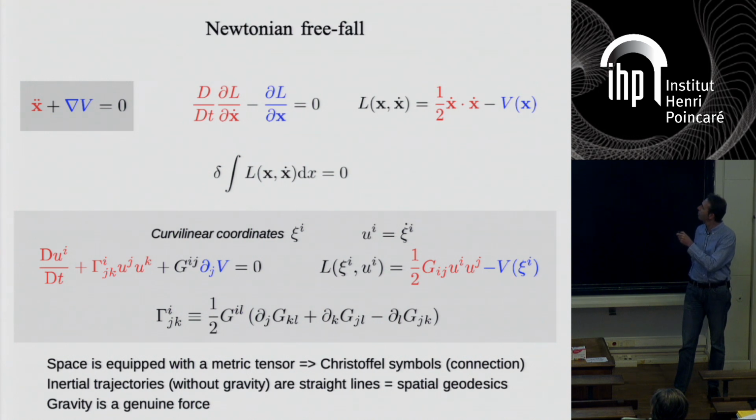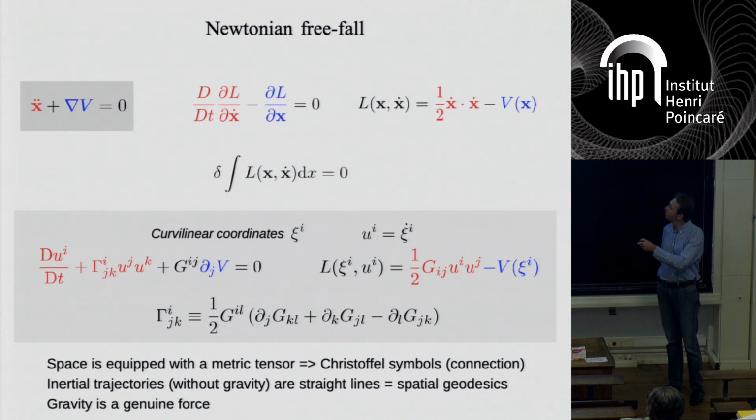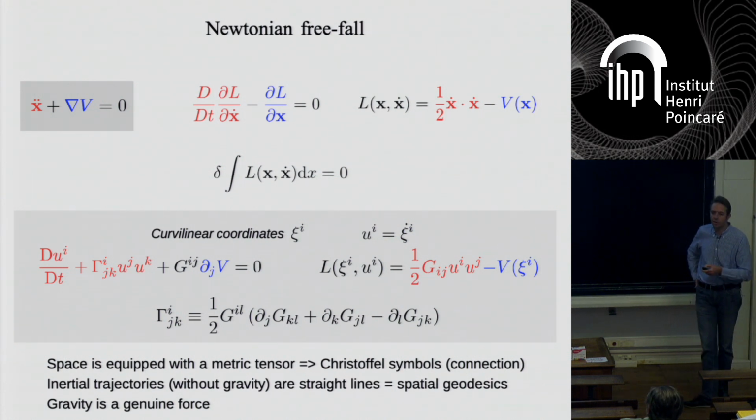So this dot is the material derivative. If you do that and work out the algebra, you end up with basically exactly this equation written in curvilinear coordinates. But now you have these Christoffel symbols which express the metric of the space. Okay. So capital G is the metric tensor. Here it's the contravariant one, which is the inverse of the covariant one, which is here and here.